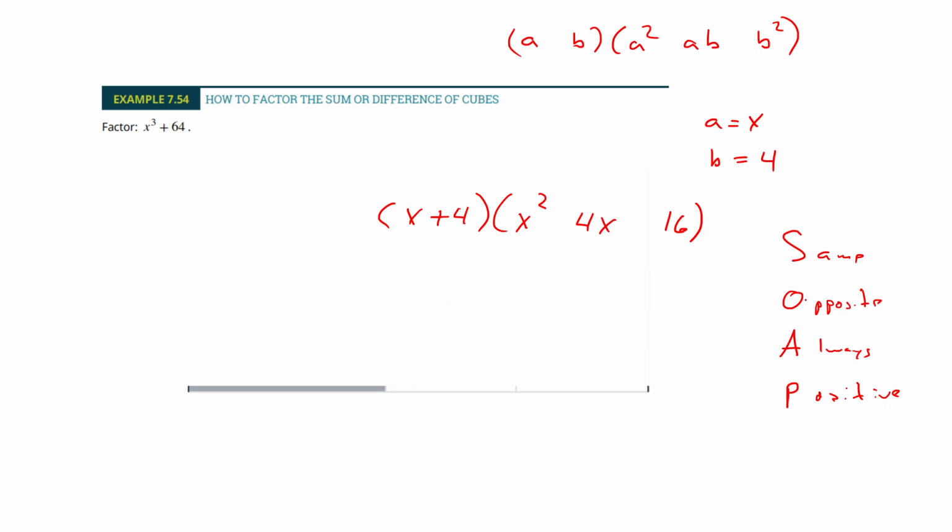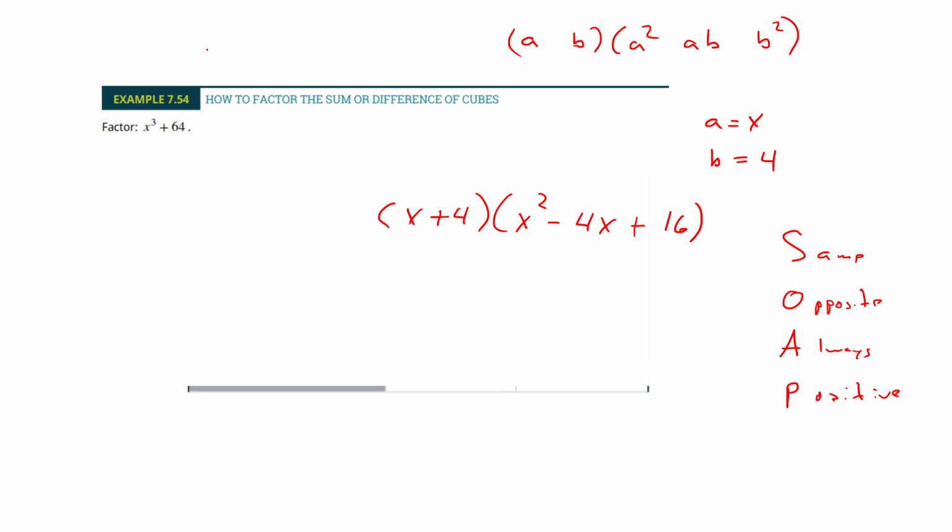Now, the next one is going to be the opposite. So we started with a plus, so the next one's a minus. And the last one is always positive. And we have factored the sum or difference of cubes. Now, the sign on this one doesn't matter. We're going to be able to do versions for plus or minus.